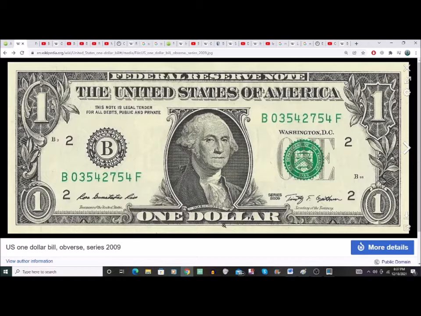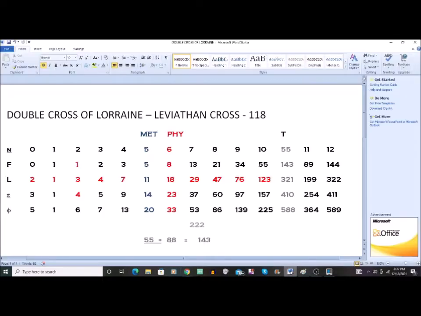So what we want to do is go to this chart that I made, probably well over a year ago now. I can't really remember exactly when I made it, but in a lot of my videos I talk about this chart.